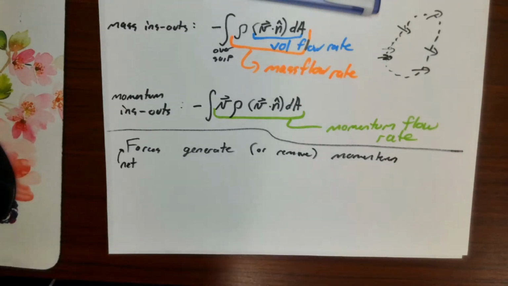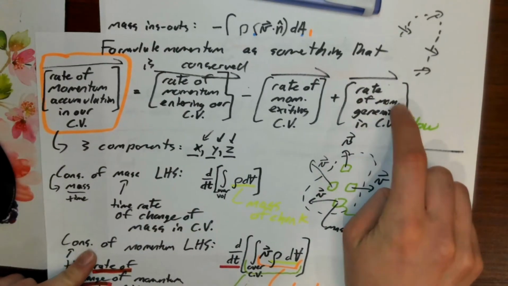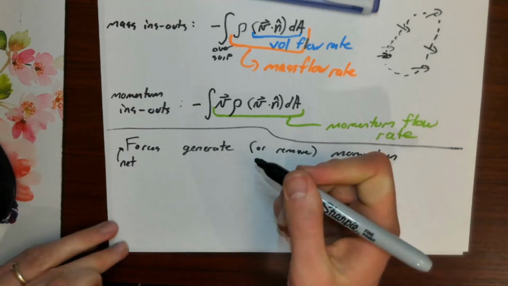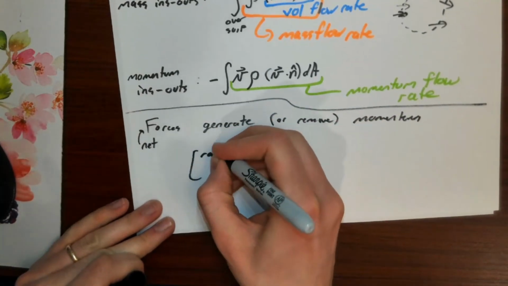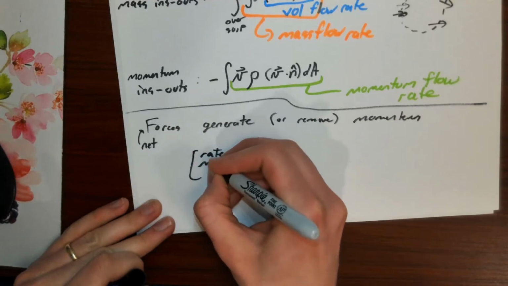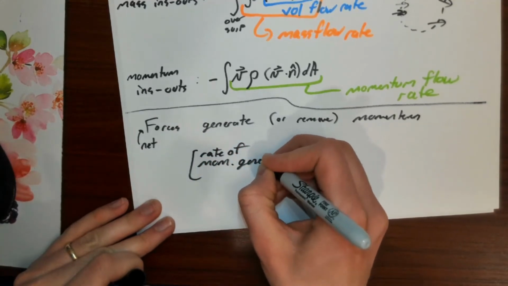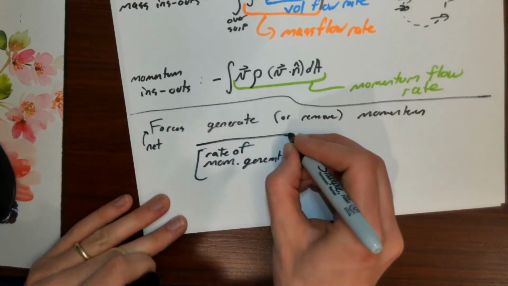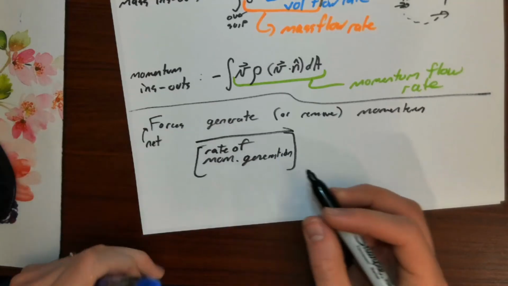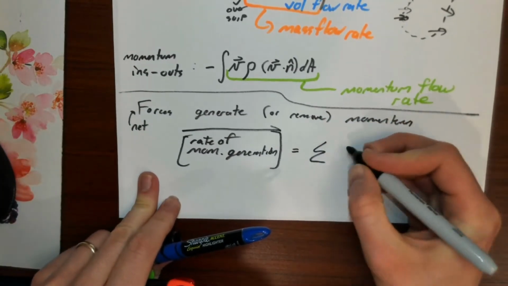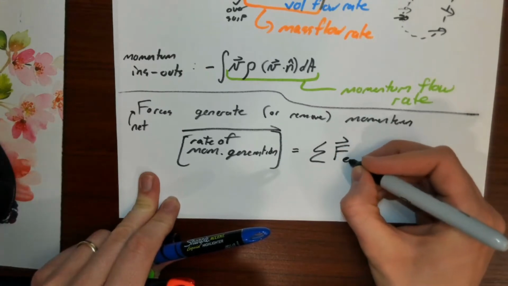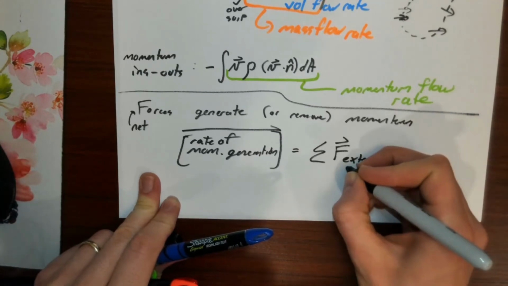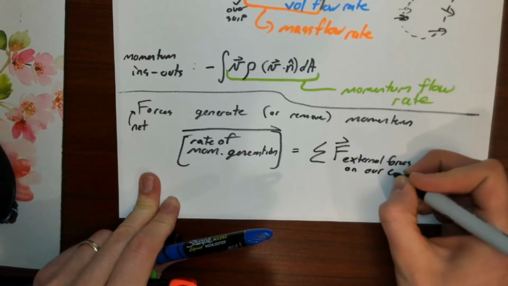And so this rate of momentum generation in our control volume, which is a vector quantity because momentum is a vector, is equal to the sum of external forces on our control volume.